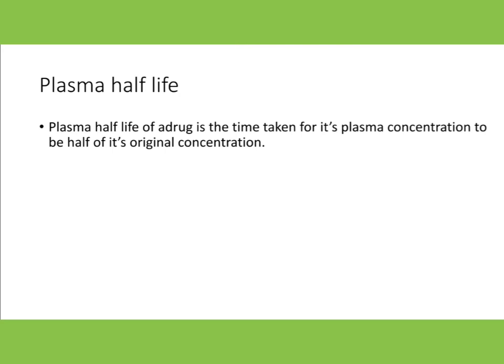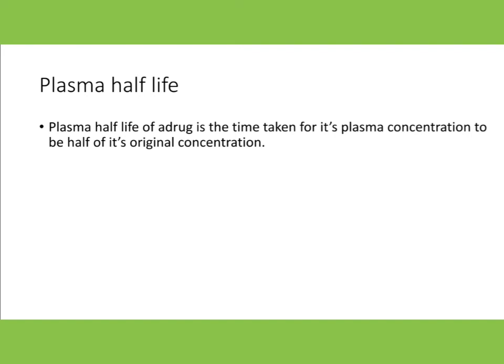Now another thing is plasma half-life. So what is plasma half-life? The plasma half-life of a drug is the time taken for its plasma concentration to fall to half of its original value. That means suppose you have taken a 100 milligram dose of a drug.